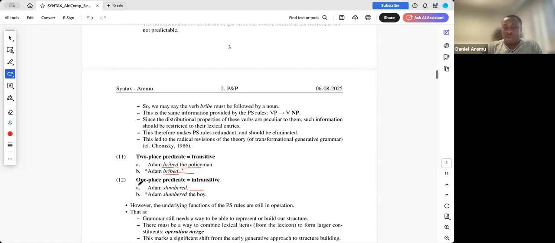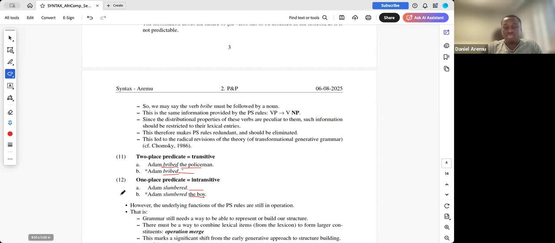That is what we saw in the last class, if you remember. And then when you have a one-place predicate, 12a is grammatical, Adam slumbered, fine. But 12b is ungrammatical because we added another argument that is not needed. So Adam slumbered the boy is ungrammatical because slumber does not need an object. It only needs an agent, it only needs a subject. Right, now what happened here?